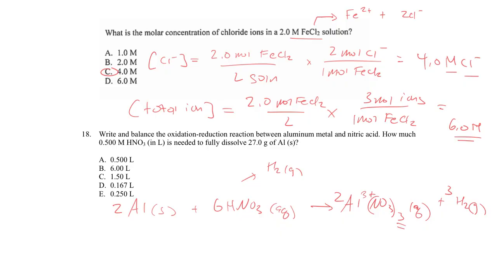Okay, so now once I have the reaction written and balanced, I can then get at the stoichiometry question. It's saying how much 0.50 mole per liter HNO3 is needed to fully dissolve 27.0 grams of aluminum. So 27 grams of aluminum, how many liters?